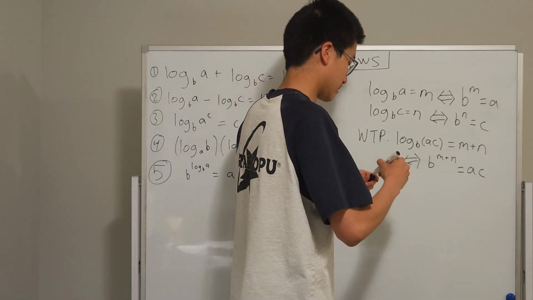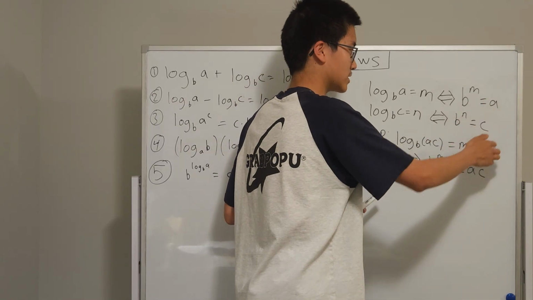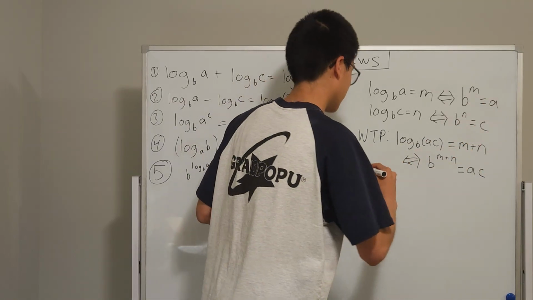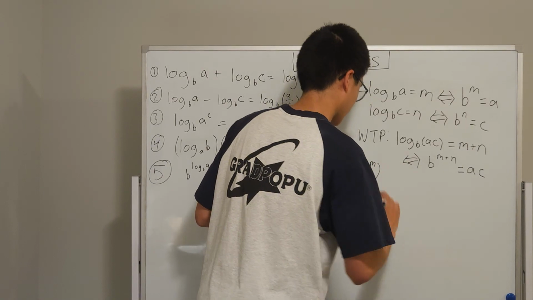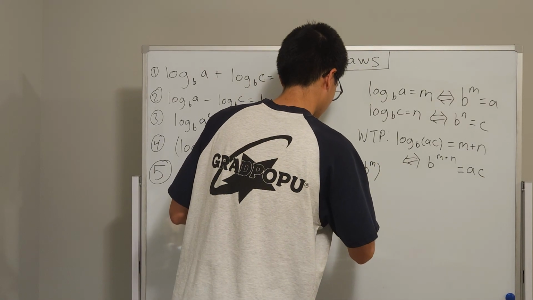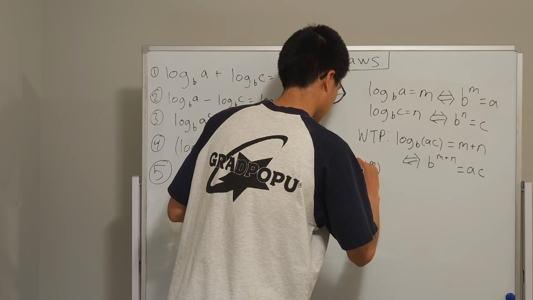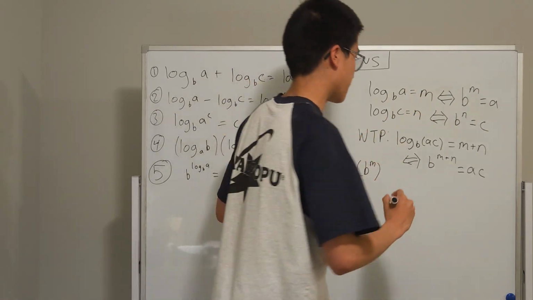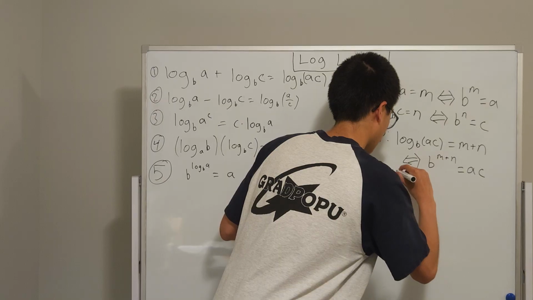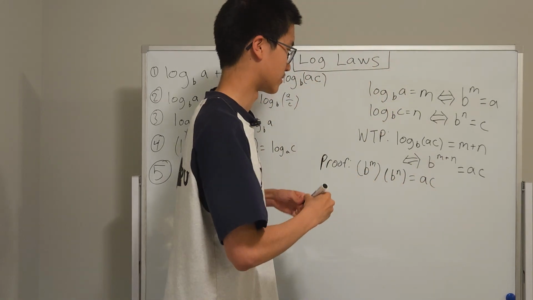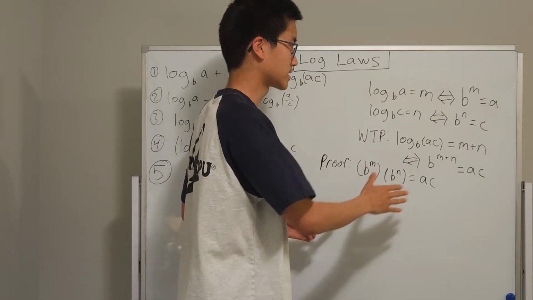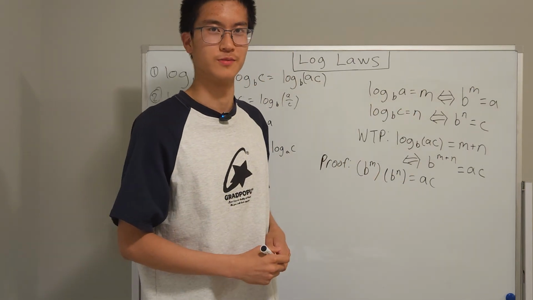Okay, but this is true, because first of all, we have these equations, and they're both true. Let's say this is our proof. If we do b to the power m times b to the power n, multiplying these two equations together, we get this. This is true because these equations are true.